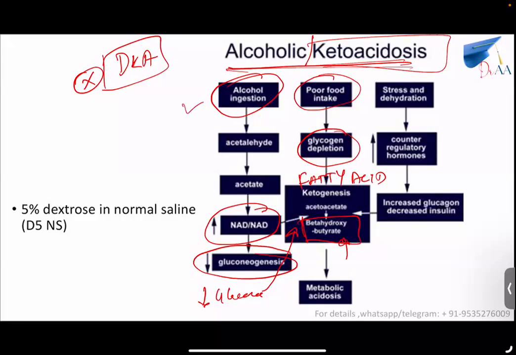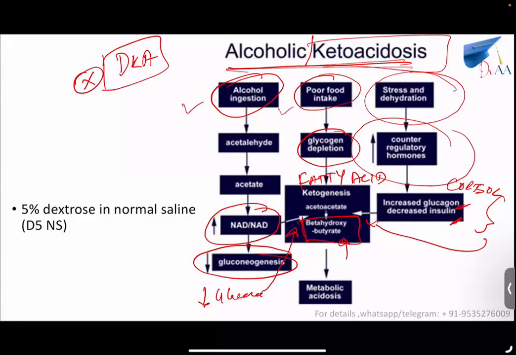Because of alcohol ingestion and poor food intake, they are in a stressful and dehydrated condition. This will stimulate the counter-regulatory hormones, especially corticosteroids, with increased glucagon levels and decreased insulin levels. All this again will stimulate fatty acid breakdown and cause increased levels of beta hydroxybutyrate. Accumulation of ketone bodies will result in metabolic acidosis in this case. This is known as alcoholic ketoacidosis.